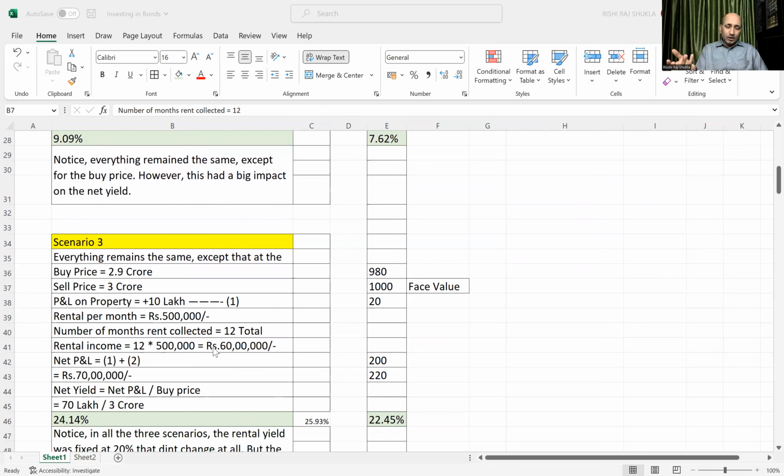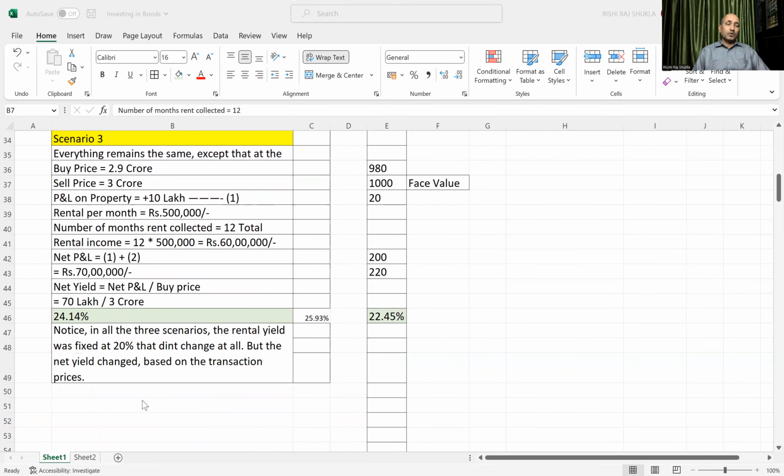Now rental income will be the same 60 lakh. So net profit, how much? This 10 lakh plus this 60, it will be 70 lakh. So net yield will definitely be 70 lakh divided by 3 crore.